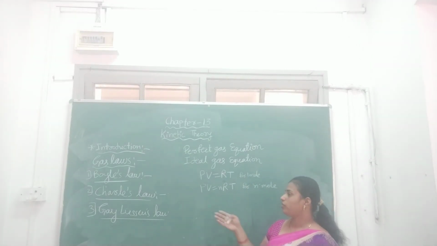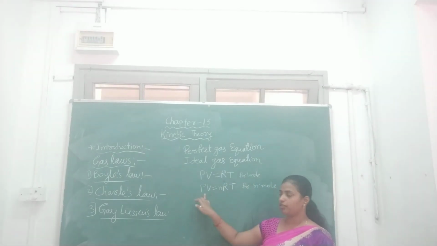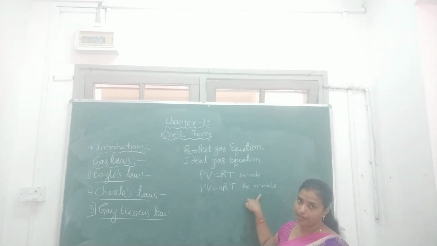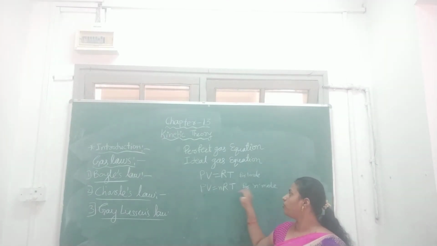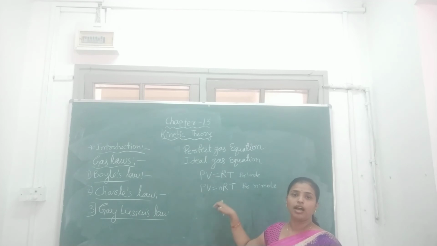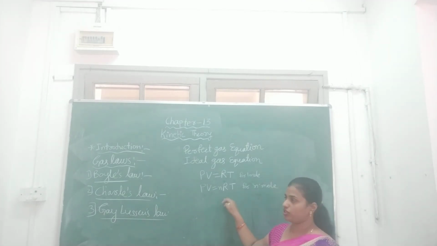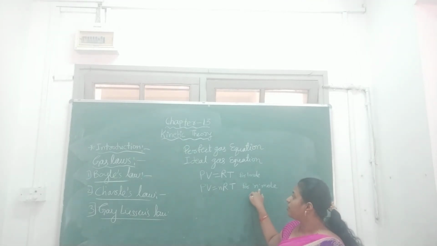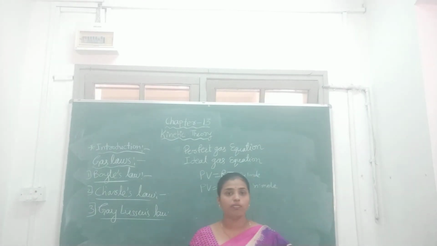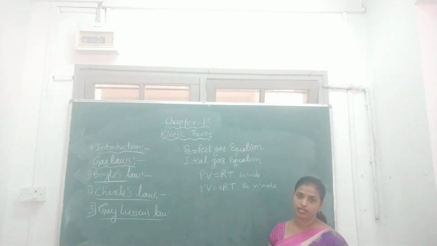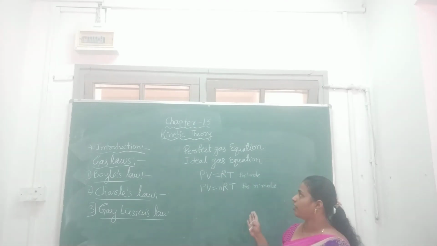Then for the other equation, P is the pressure for n moles of gas, V is the volume for n moles of gas, R is the universal gas constant, T is the temperature for n moles of gas, and n is the number of moles of gas. So this is the perfect gas equation.